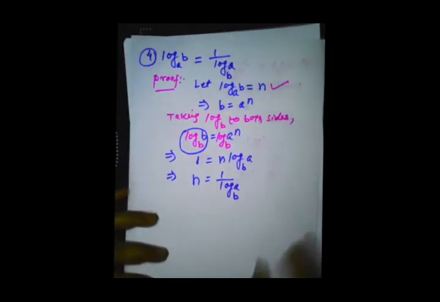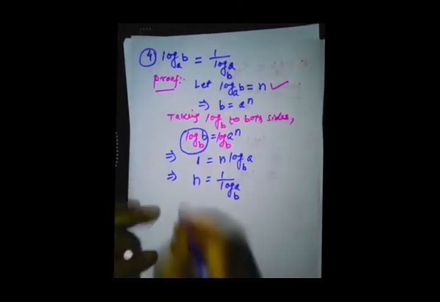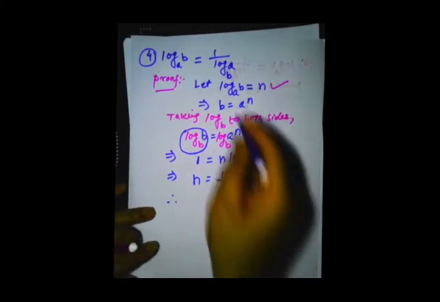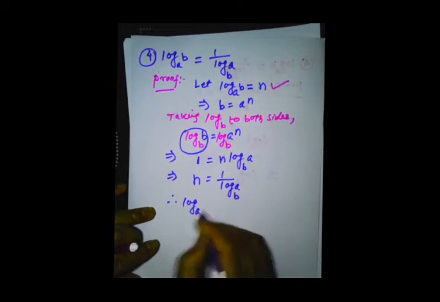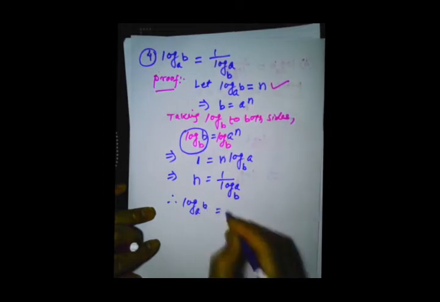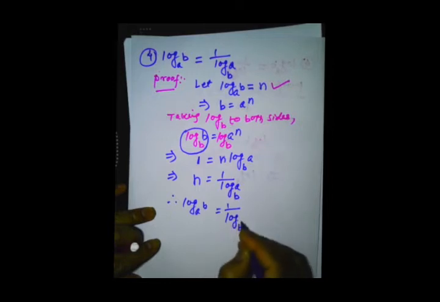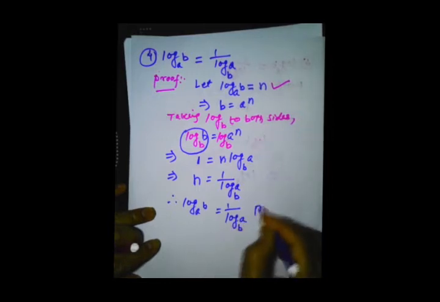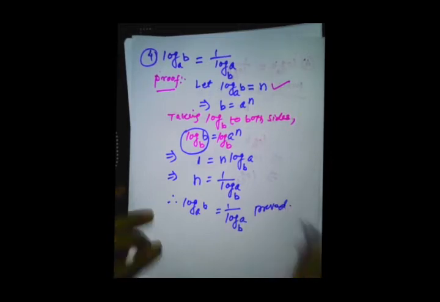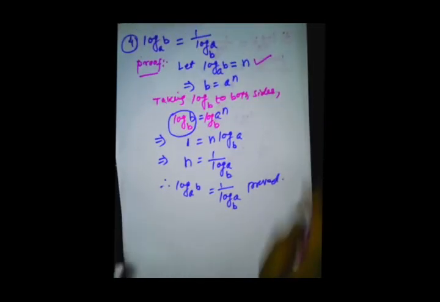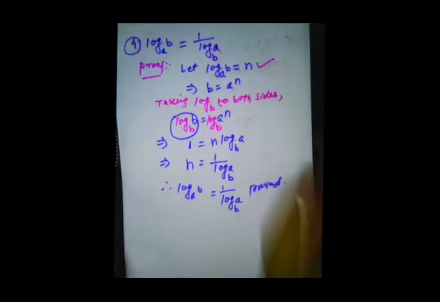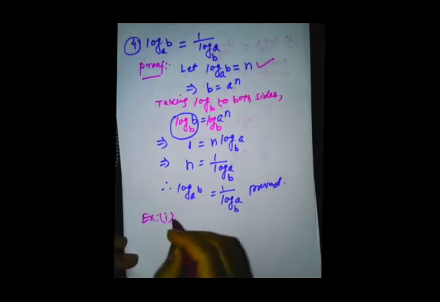So in place of n, you can write, therefore, log base a of b is going to be 1 by log base b of number a, and this is proved.